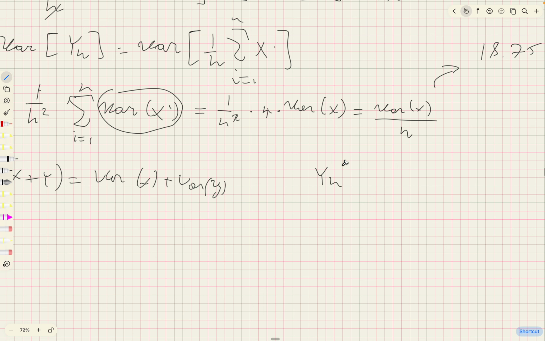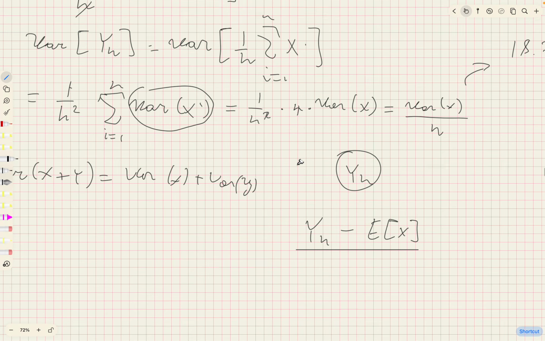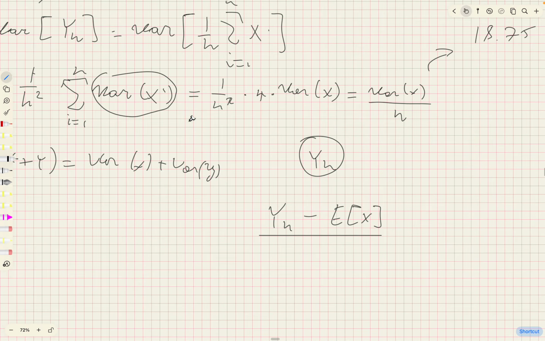And if we want to normalize our random variable, then we have Yn minus the expected value of X, divided by, so what was the variance of Yn?